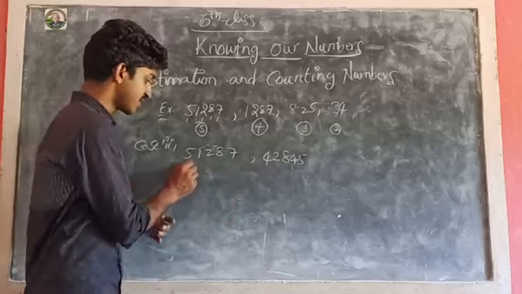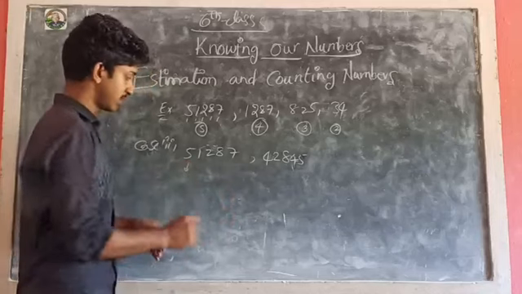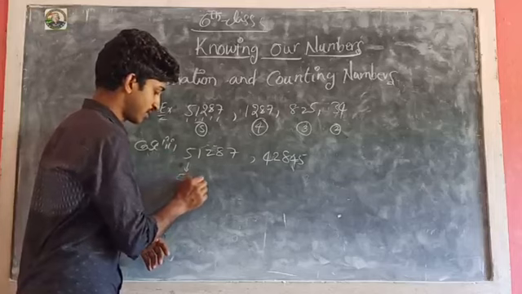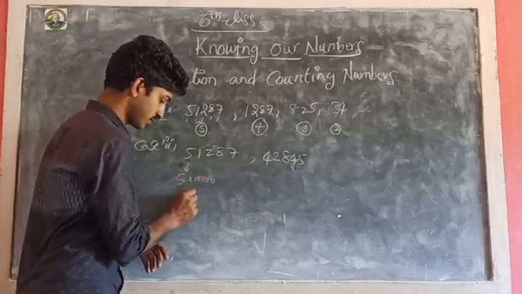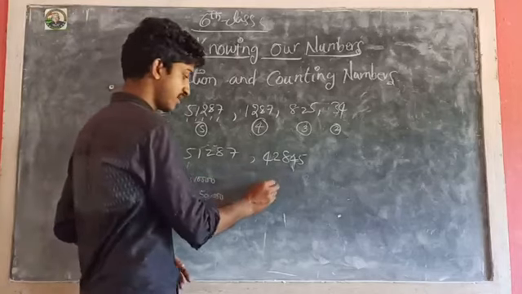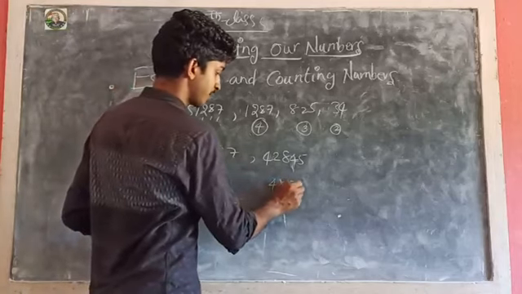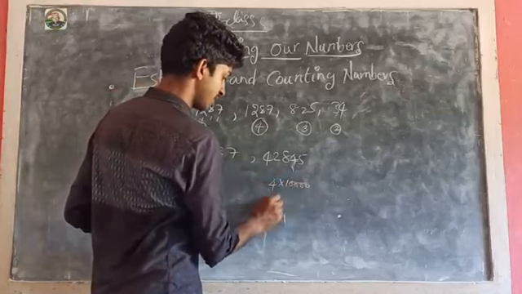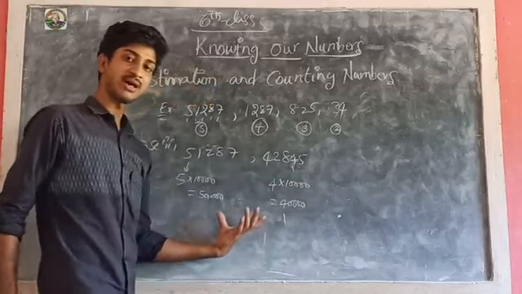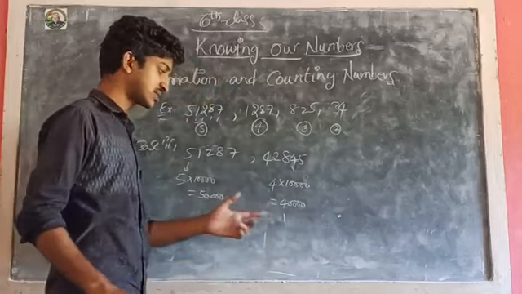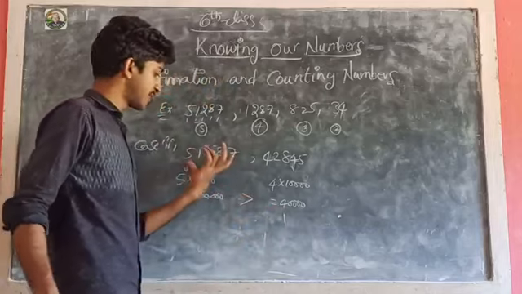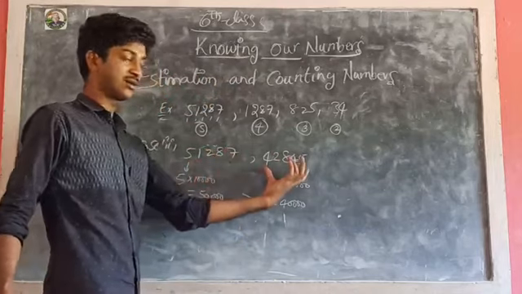Here, the place value of this digit is 10,000. So multiplying, we get 50,000, and the place value of the other digit is 4 into 10,000, which is 40,000. In these two numbers, 50,000 is greater than 40,000. So this number is greater than this number.